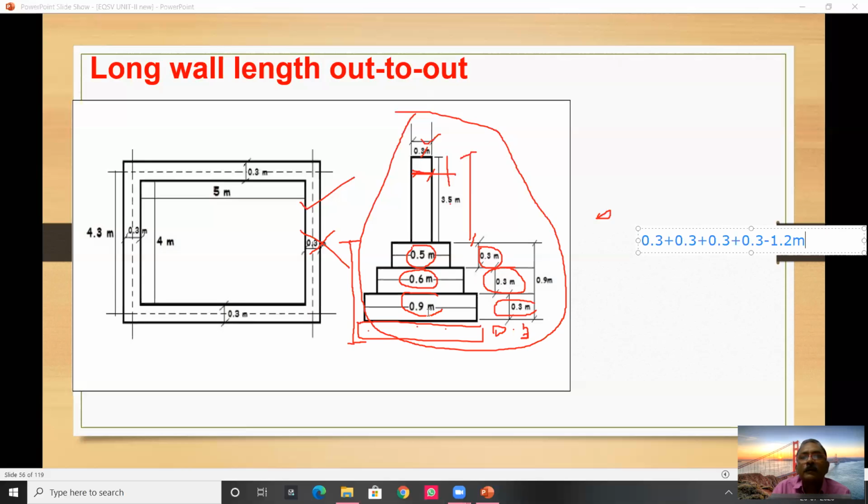Here 0.3, and automatically here 150 mm, 150 mm. So here you will have a total of 1.2 meters. So the excavation width is 1.2 meters and the total depth from here to the bottom is 1.2 meters.